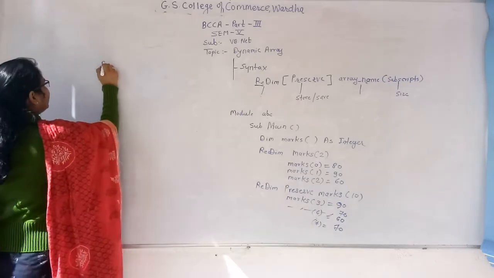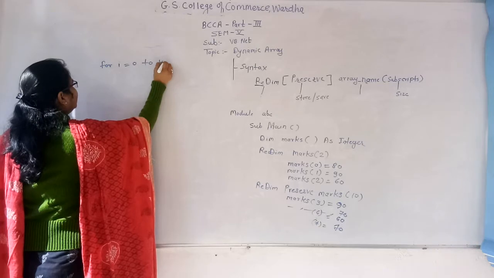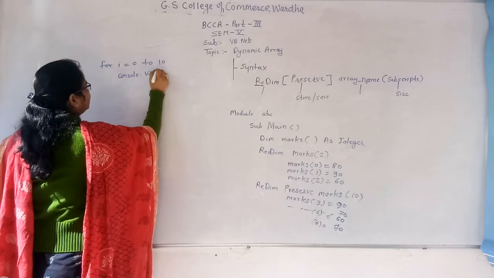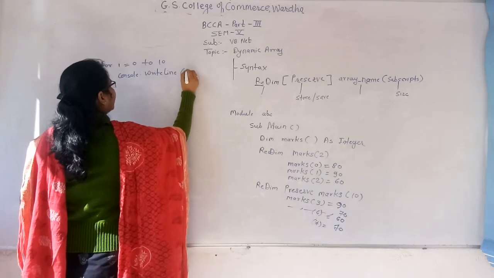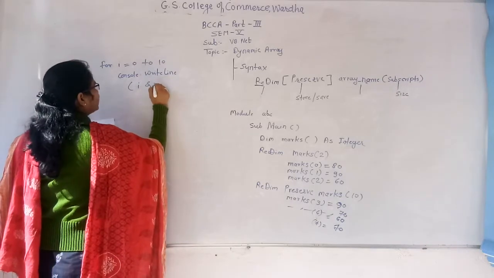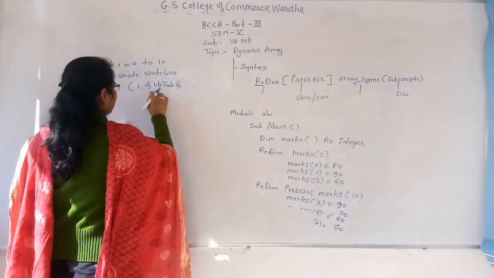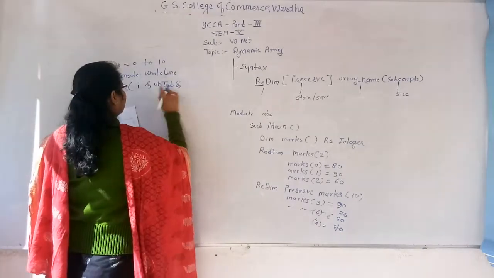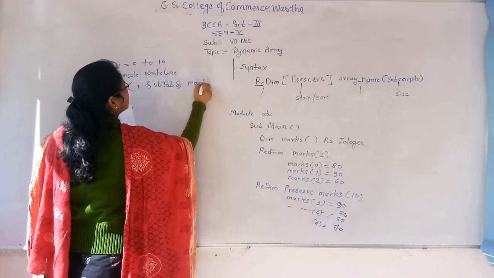After that we have to display the elements by using a for loop. For I equals 0 to 10, then Console.WriteLine. In brackets I am writing I & vbTab, which is a statement, or we can say a constant, for displaying some space between the values, then marks(I).